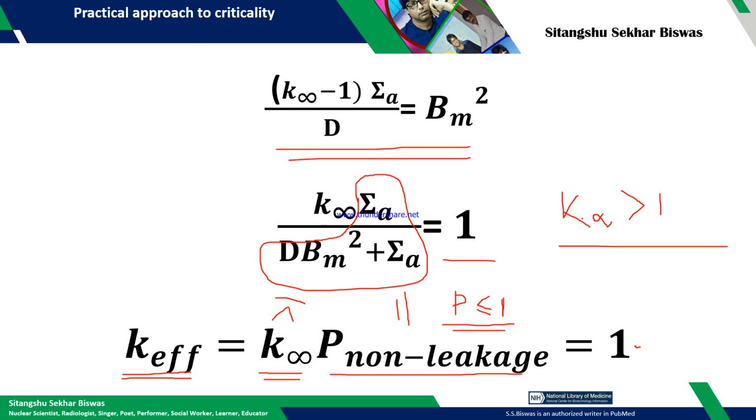So k infinity will be greater than 1, and to make a reactor critical, based on the geometry and the material, you have to find all those parameters, and there are a lot of relevance of this parameter with several factors.